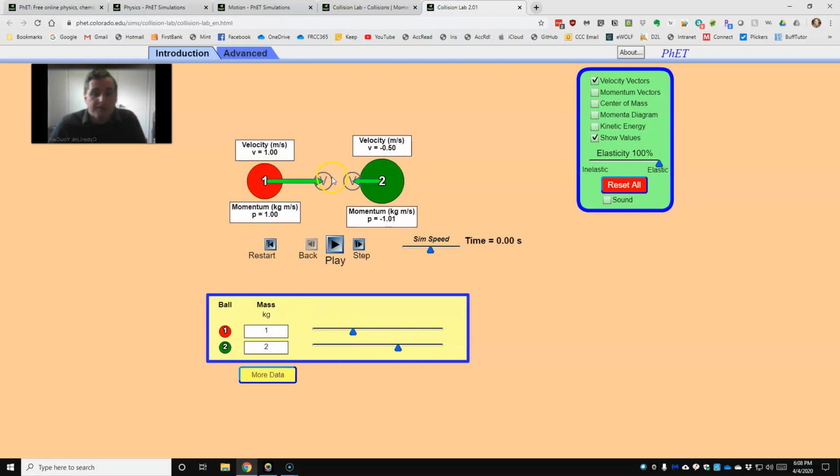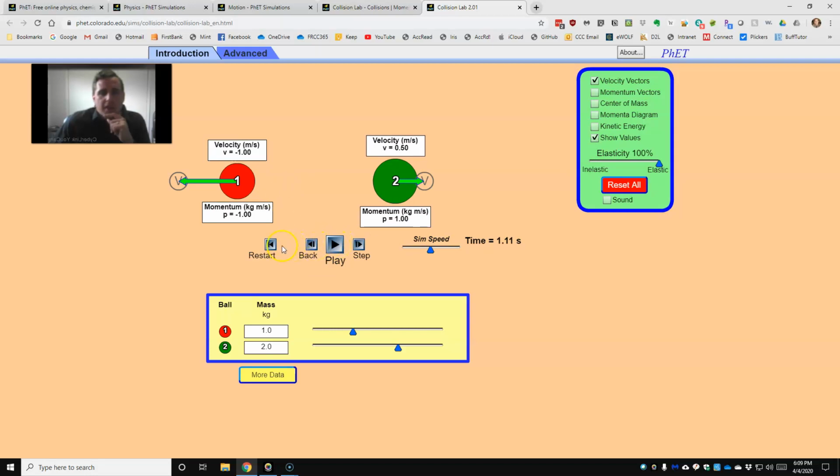Notice each of these balls should have the same momentum coming in. So stop and think and predict what should happen. Okay, welcome back. So they are definitely going to bounce off of each other, and they should definitely go in opposite directions. But I'm not sure about the velocities. So let's go ahead and play this.